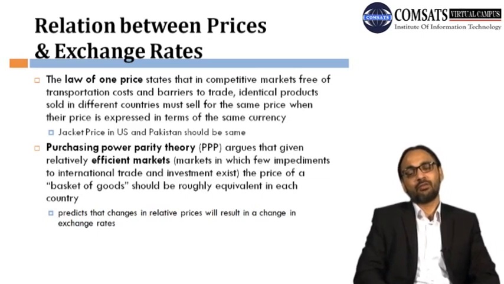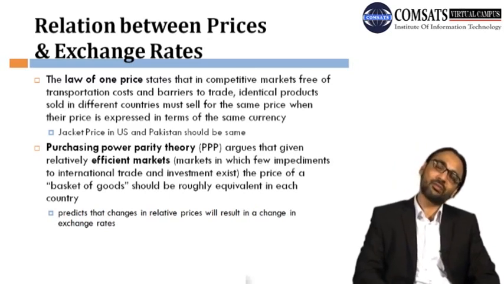For instance, if we buy one pair of jeans in Pakistan and its cost is 1,000 rupees, and we convert these 1,000 rupees into dollars and we get $10, then when we go to the USA, the price of that same jeans should be $10. This is called the law of one price.